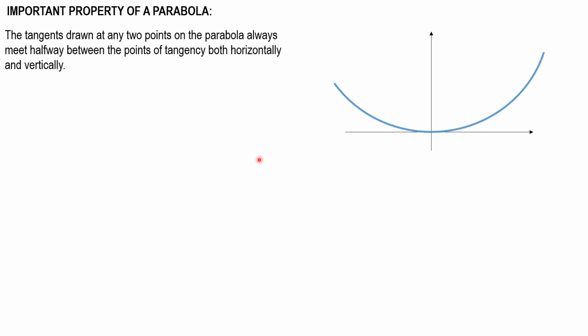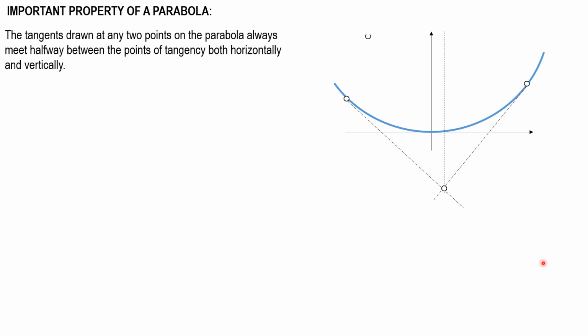So if this is the parabola, and that's one point on the parabola, another point on the parabola, and these are the tangents, then the tangents meet halfway, both vertically and horizontally.